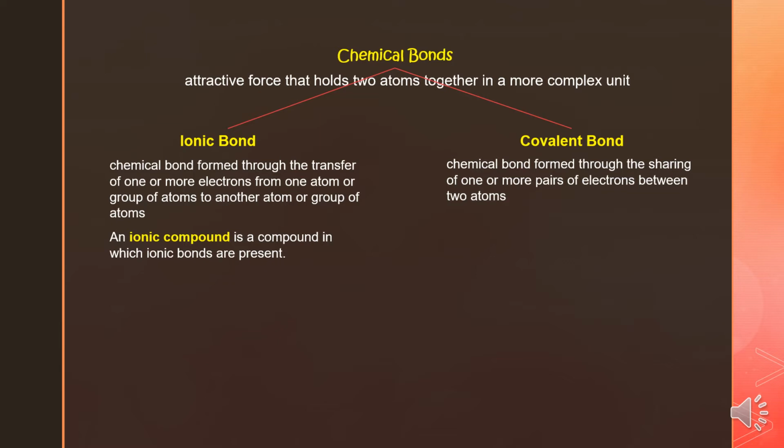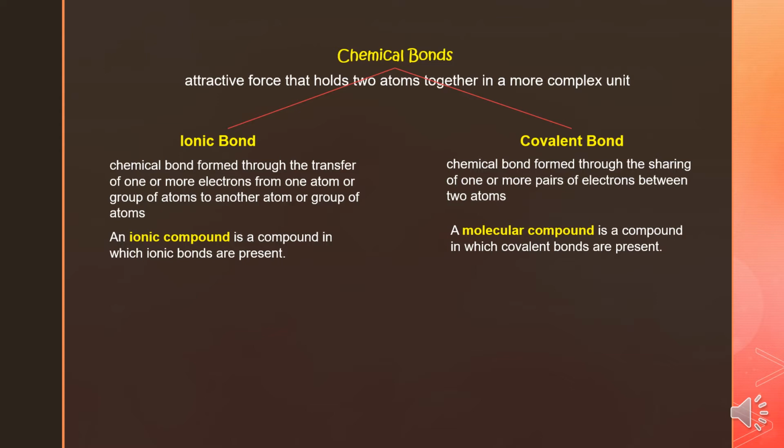A covalent bond, on the other hand, is a chemical bond that is formed through the sharing of one or more pairs of electrons between two atoms. The covalent bond model, or electron sharing in this case, is used in describing the attractions between atoms in molecular compounds. So a molecular compound is a compound in which covalent bonds are present.